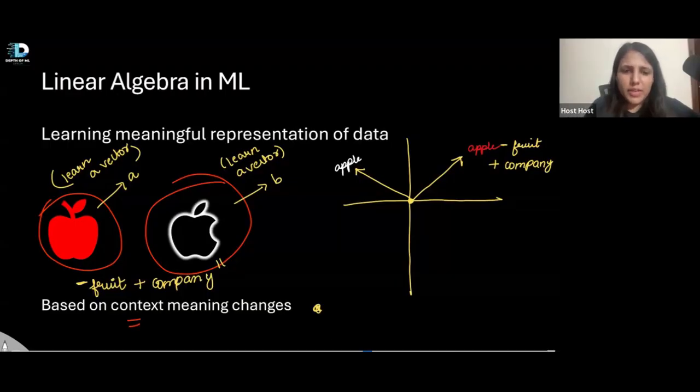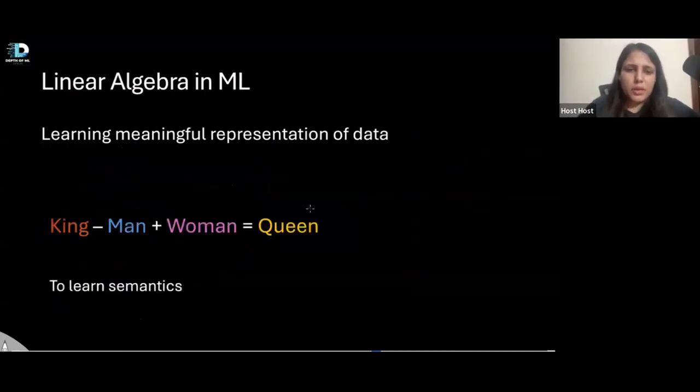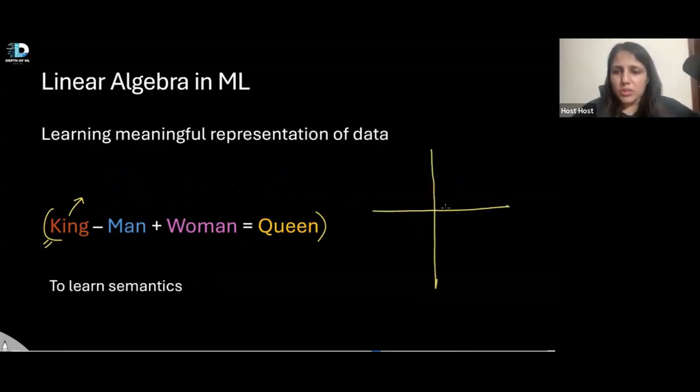Fine. And there is a very popular example from this representation learning that we do using machine learning, using linear algebra, where they plot these vectors, whatever representation they have learned for king, man, woman, and they can see that, so this is my king vector.